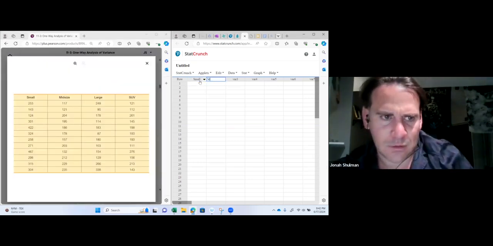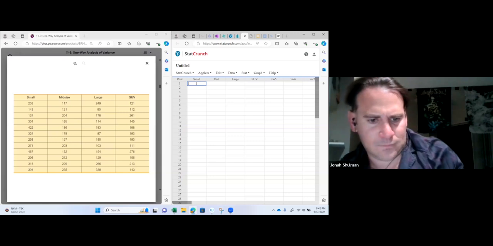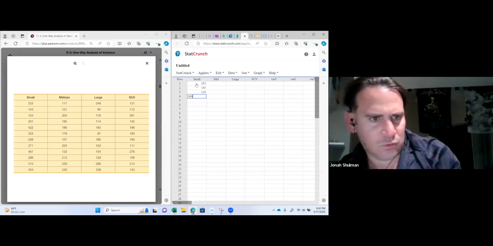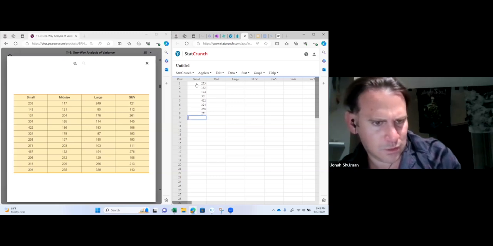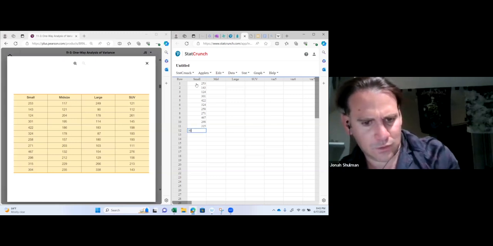Small, mid, large, SUV. 253, 143, 124, 301, 422, 324, 258, 271, 467, 298, 315, 304.